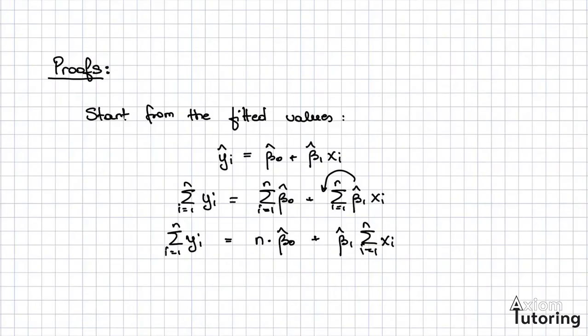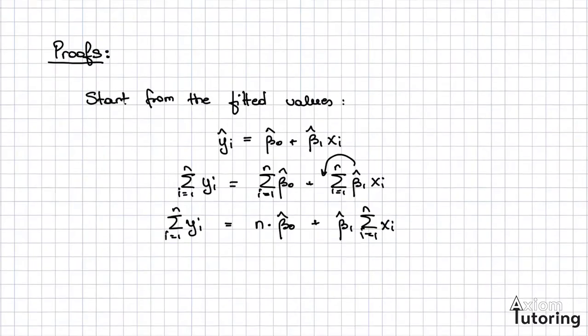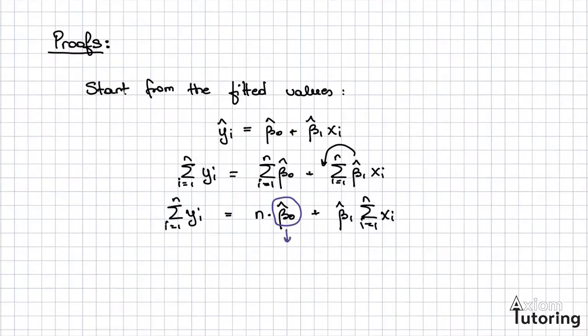At the same time, we also have an expression for beta null hat, which we can use from mechanical property 3, which is literally the fact that we now know that beta null hat is equal to y bar minus beta 1 hat times x bar.